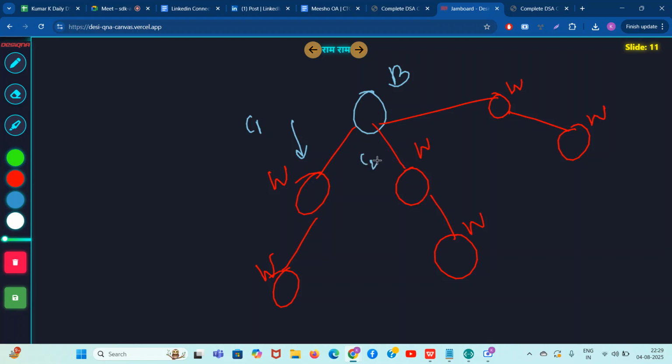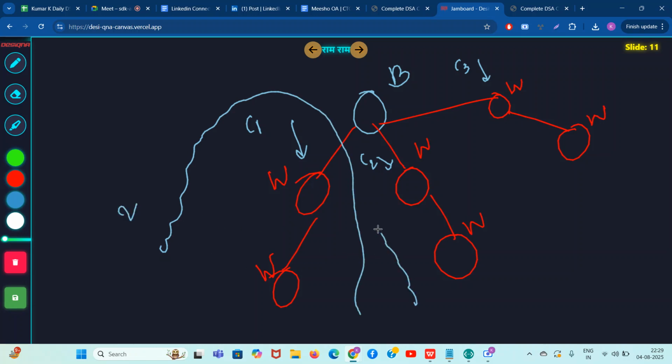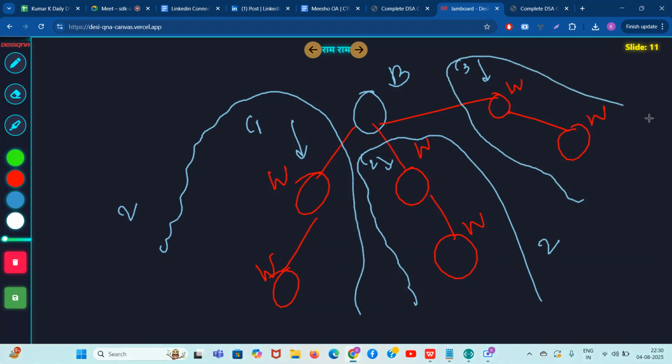This is C2 child. This is C3 child. I have taught you the size of the subtree concept, right? So how many nodes are there here? Two. How many nodes are there in this subtree branch? Two. How many nodes are there in this subtree branch? Two. So if I try to make an array of them, what will it be? 2, 2, 2.